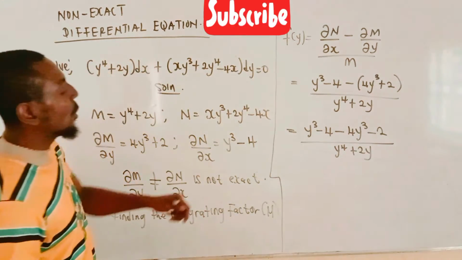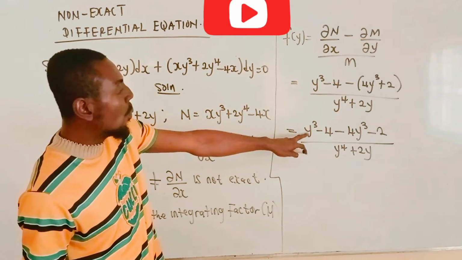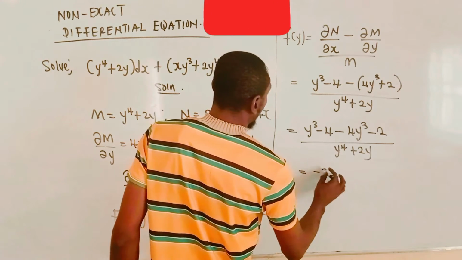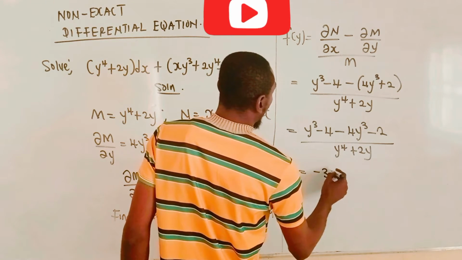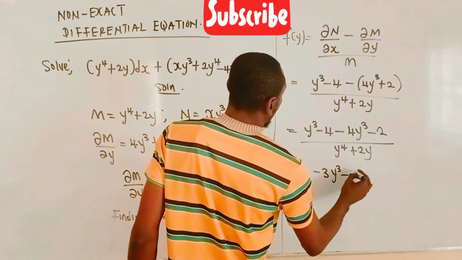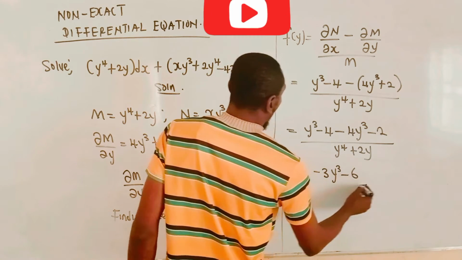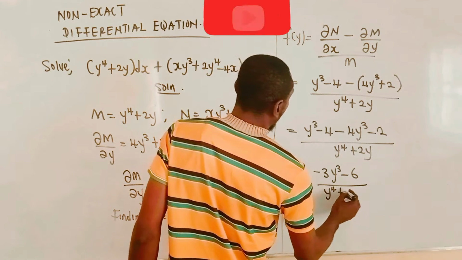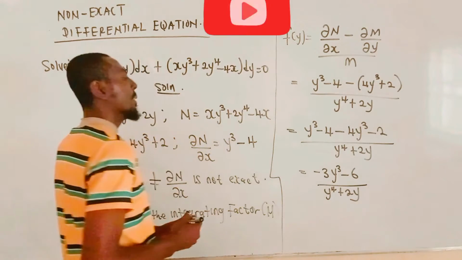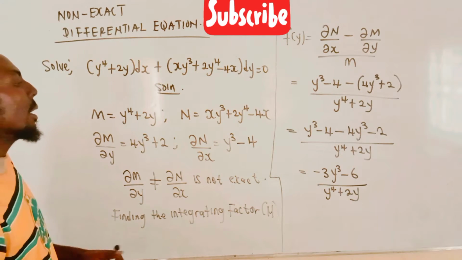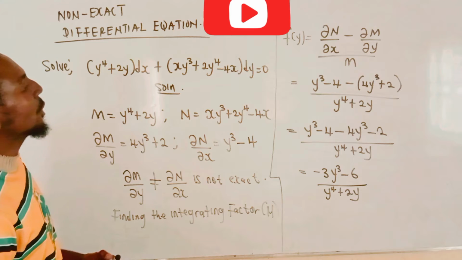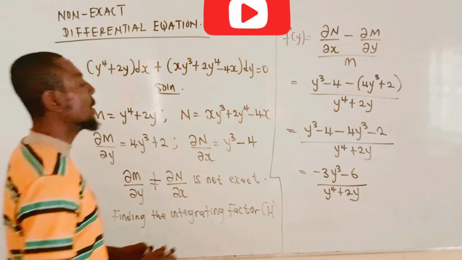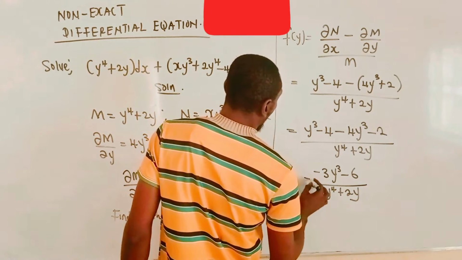So y³ minus 4y³ definitely will give us minus 3y³ minus 6, all over y to the power 4 plus 2y. As you can see, we are actually having a function of y alone here.